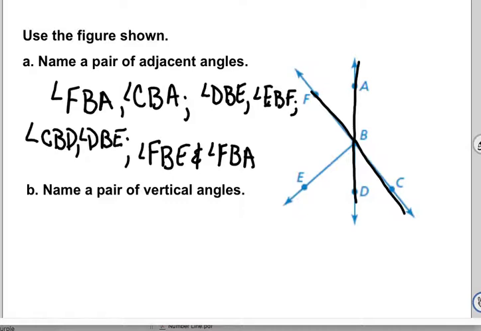Okay. Are there any others in that drawing? Nope. FBD and ABC. Yeah. They're going to be from here to here, right? Good. So let's write those down. We've got angle FBA and angle D. Oops.